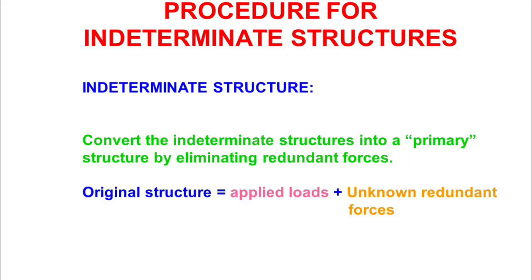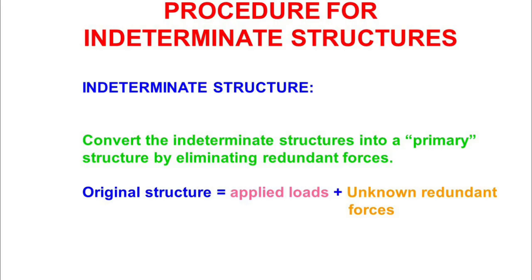So if you have understood the procedure for determinate structures, it's fairly simple now to extend the matrix force method to indeterminate structures. In the case of an indeterminate structure, we have to first convert it into a primary structure by choosing appropriate redundant forces.